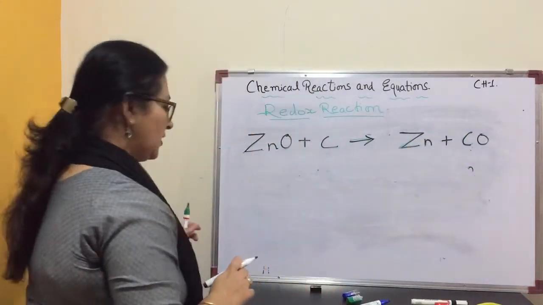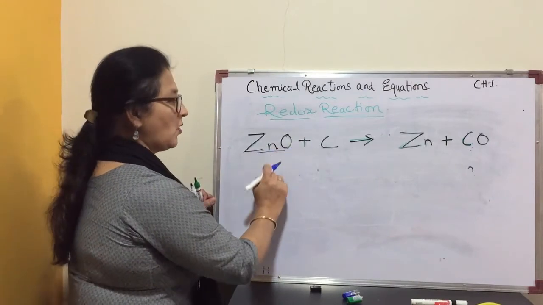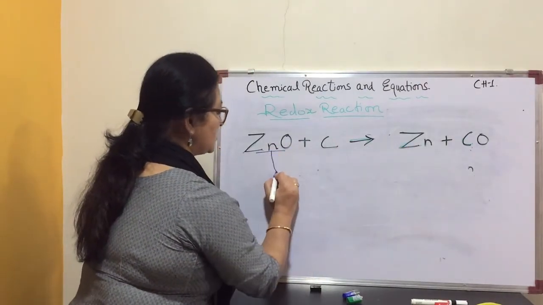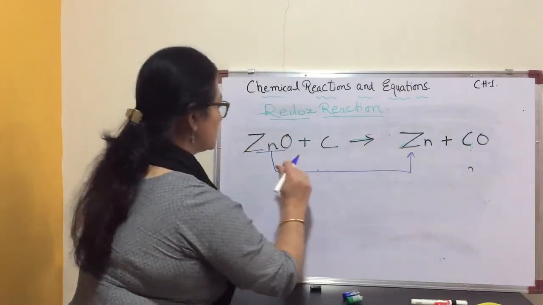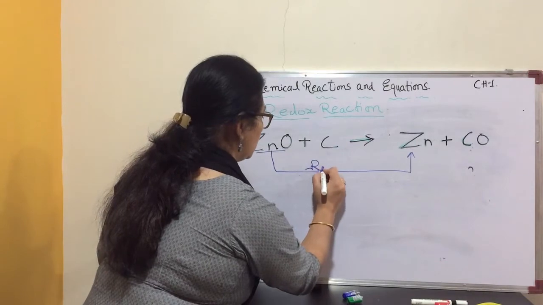Here, as we can see, zinc oxide is losing oxygen. So we are getting zinc here. Loss of oxygen is reduction, so you are going to write reduction here.